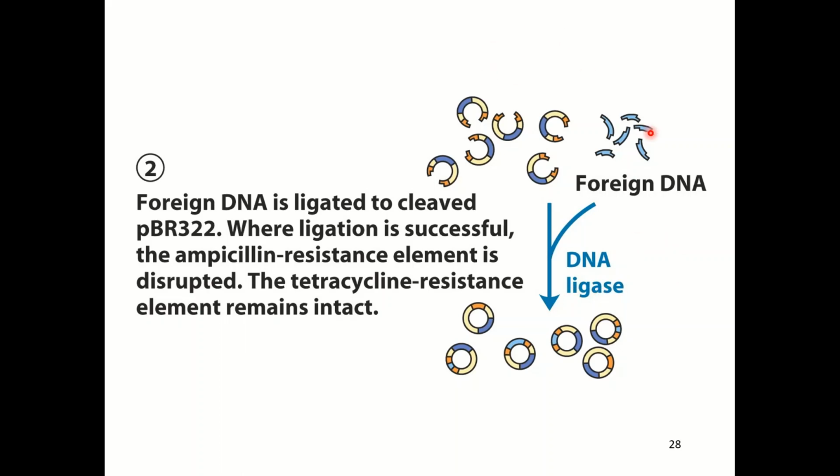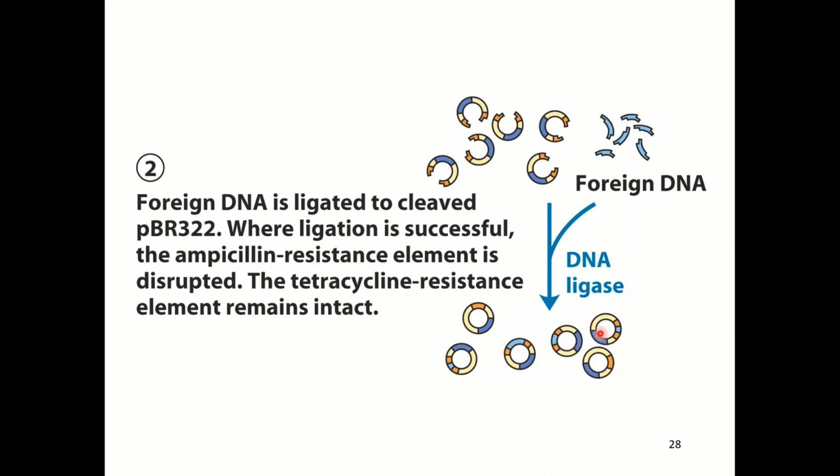Okay, so when we add that DNA in there, sometimes you're going to stick those right back together. Other times you're going to successfully put in your foreign DNA. And when you do that, that's going to disrupt that resistance marker, and those cells then won't grow in ampicillin.